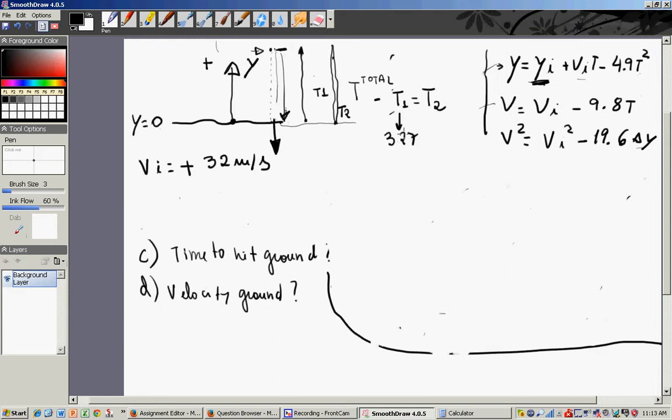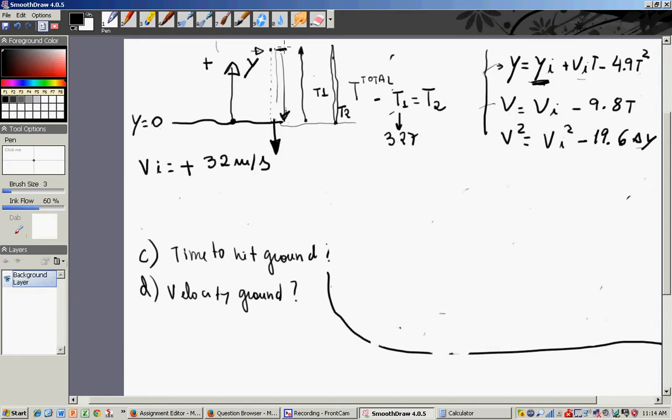So if I take the total time and subtract T1, which is 3.27, I could calculate my T2. So let's do that.